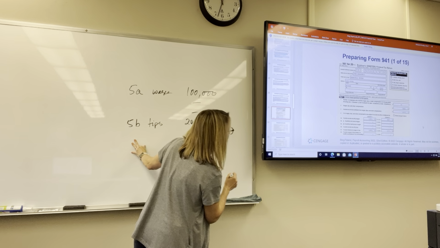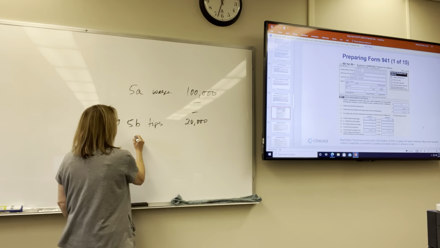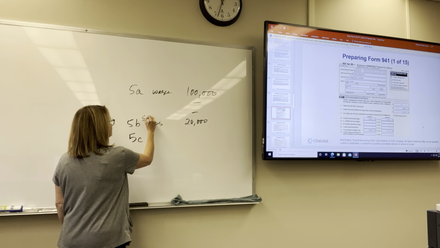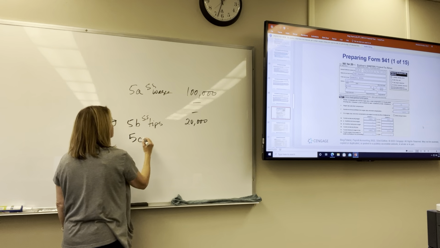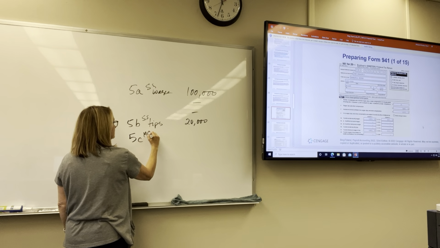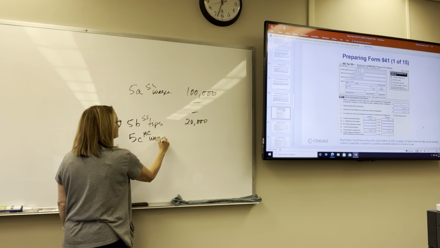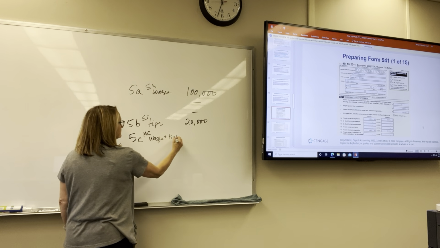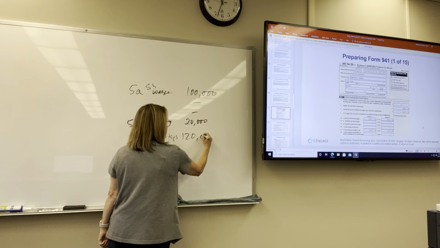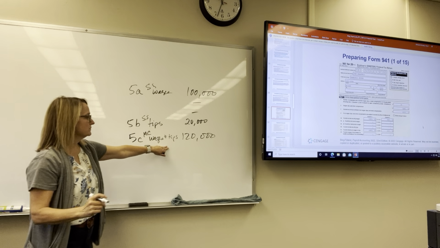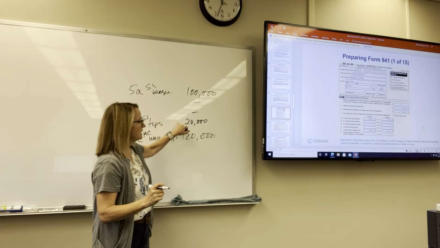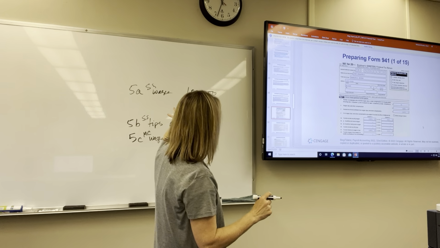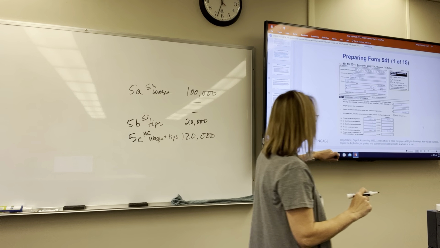On line 5C, so this is Social Security tips, Social Security wages. This is Medicare wages and tips. This would be 120,000. So this 20,000 is separated in the case of Social Security.